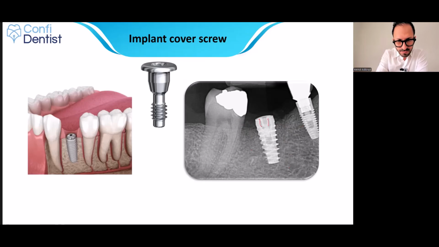Because here we should have enough thickness for the prosthetic screw, for the cover screw, for the healing abutment. Okay, so we decrease the risk of implant fixture fracture later when the implant gets loaded. You can see the same concept here, micro threads and macro threads, okay?